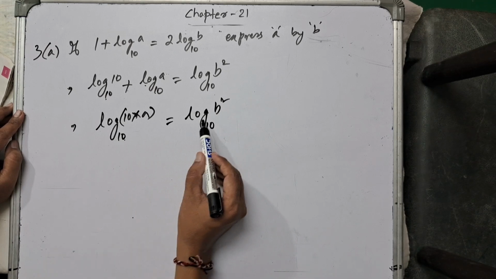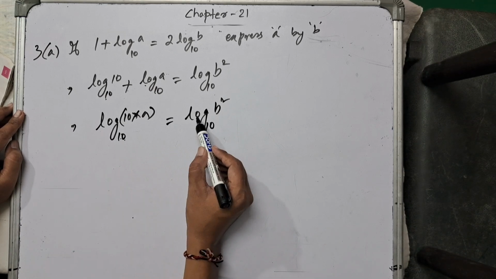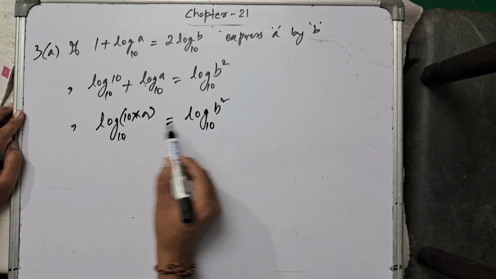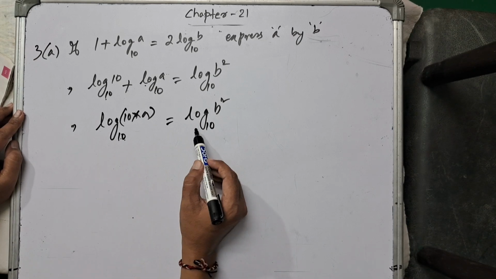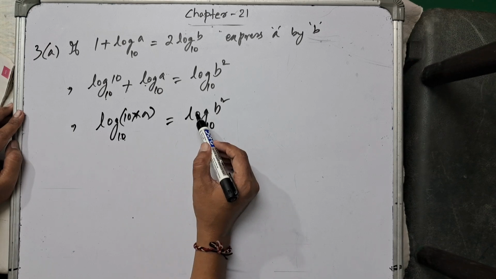Now we have log to the base 10 on both the sides, isn't it? So in this case, we can leave log from both the sides. We should not cancel log, okay?